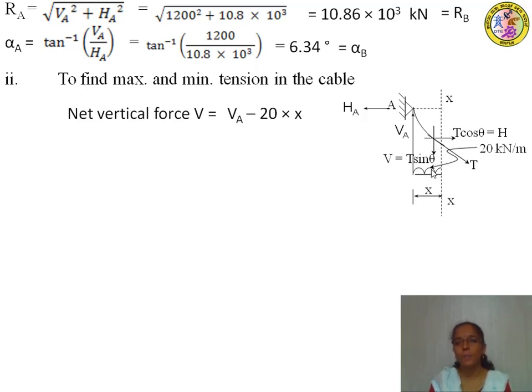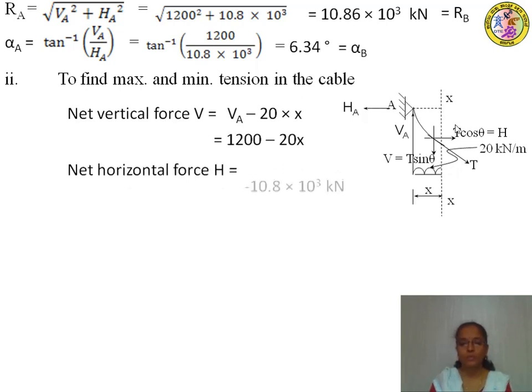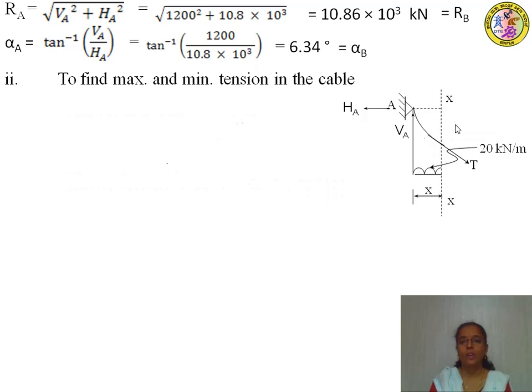Okay, before that, let us assume we are finding tension in the cable. Let us assume T as the tension in the cable at the section X. Let us resolve this T along the X and Y direction.